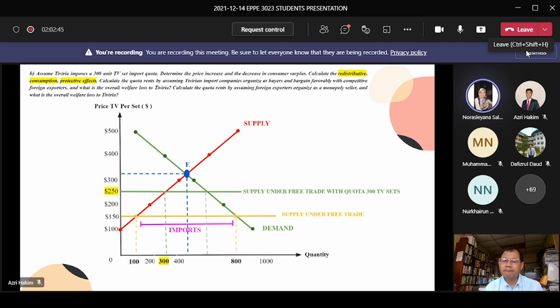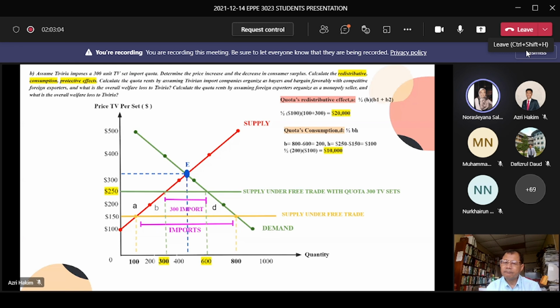The value of the quota redistributive effect, which is the area marked by A, is equal to 20,000. Quota consumption is equal to 10,000 and the quota protective effect is equal to 10,000. So I pass to Azri.